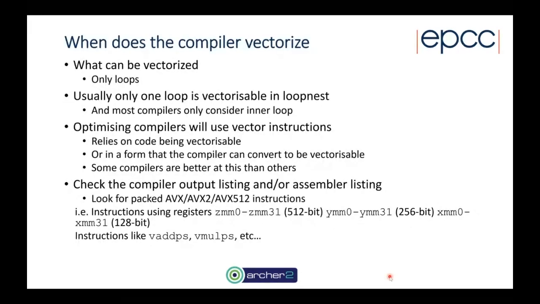Okay, so in general, and these are general rules, there are specifics which may muddy the water a little bit for some things, but in general, the compiler will only vectorize loops, as we've said, and by default, only the innermost loop in your loop nest if you've got multiple loops. And the compiler really wants to look for patterns where it can see that it can vectorize the data.